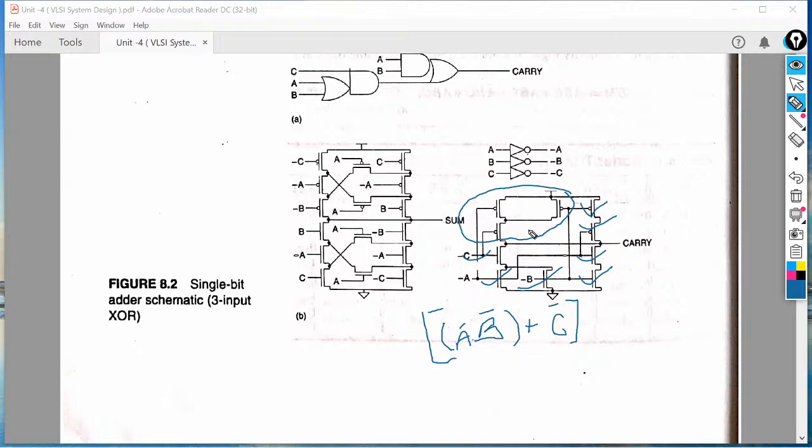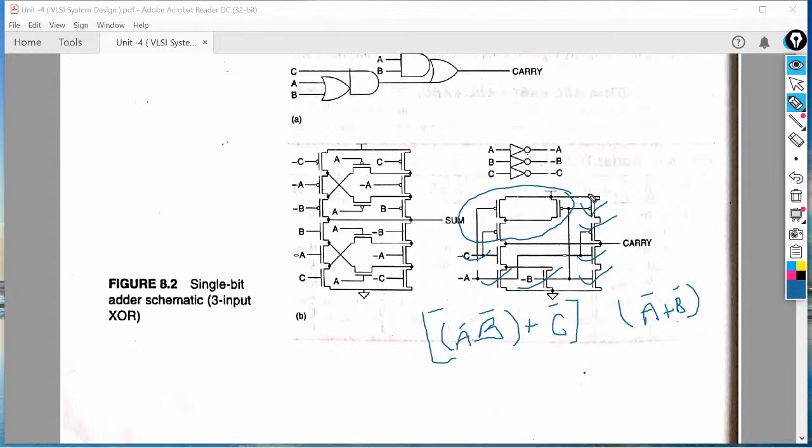Okay, so we will get A bar B bar plus C bar from this side, and from this side we will get, this one is the B bar and this one is the A bar. So we will get A bar plus B bar. From this side, we will get A bar plus B bar.